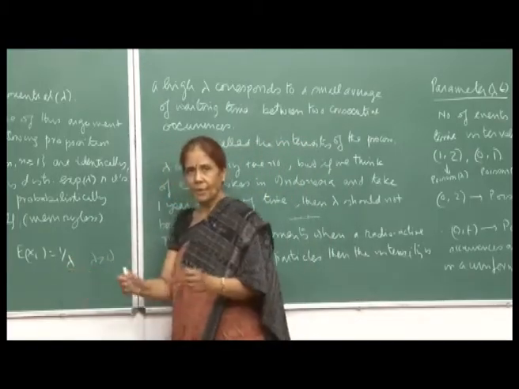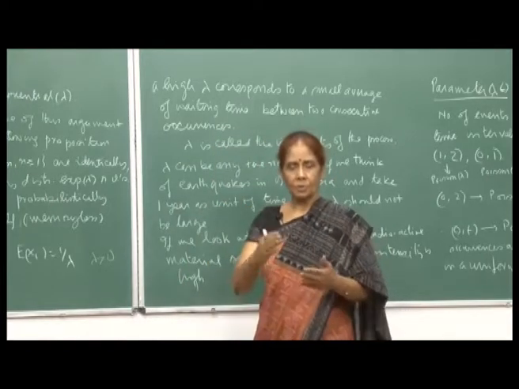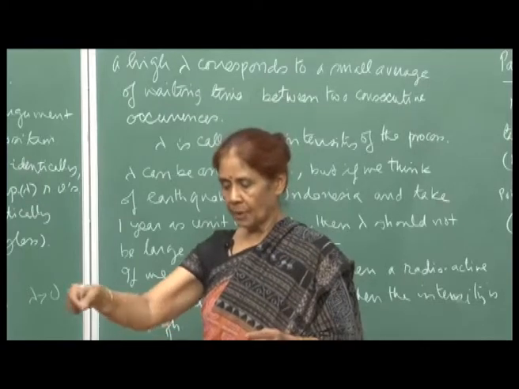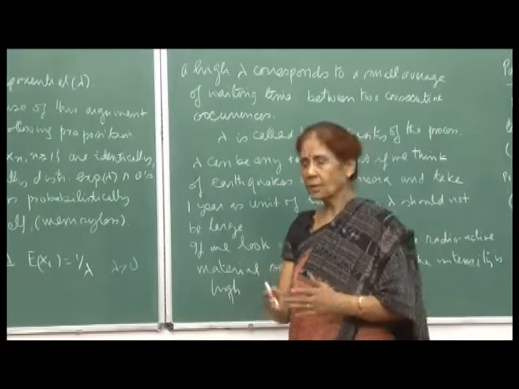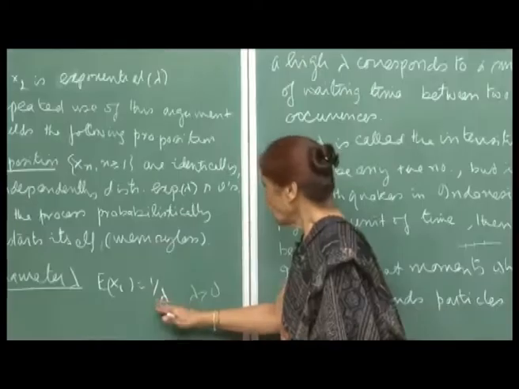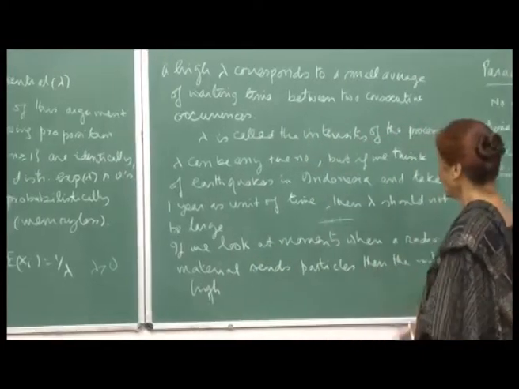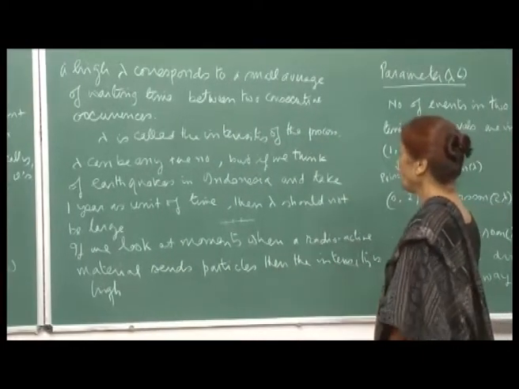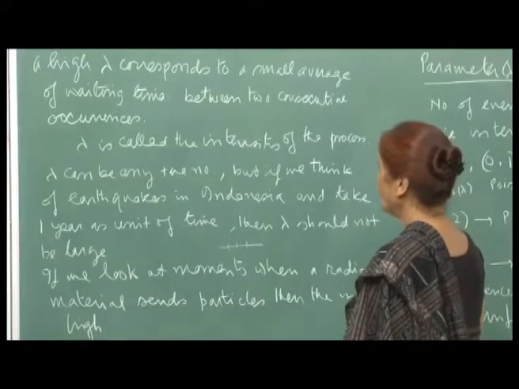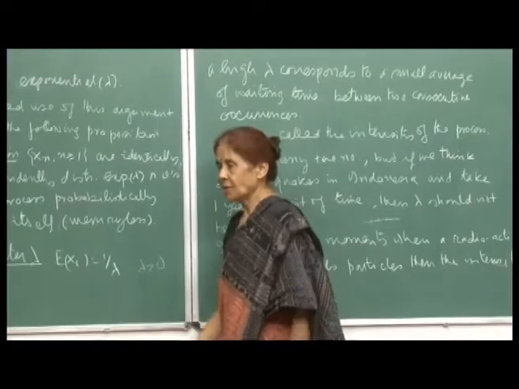The radioactive particles spread very fast, so if you are counting how often a particle is arriving, the inter-arrival times will be small, and therefore lambda would be high. This is just to give you an idea, and you can look at many different examples and see how the value of lambda reflects the inter-arrival averages.